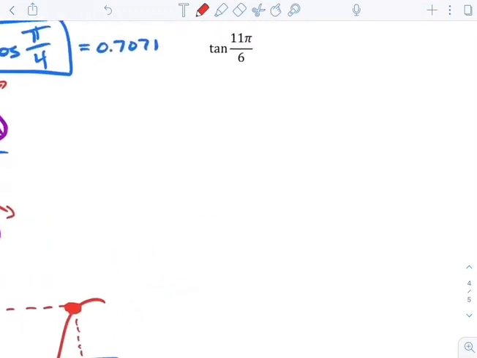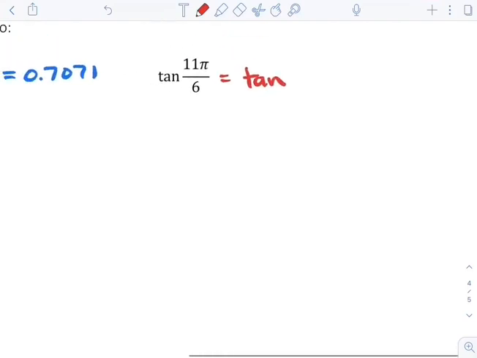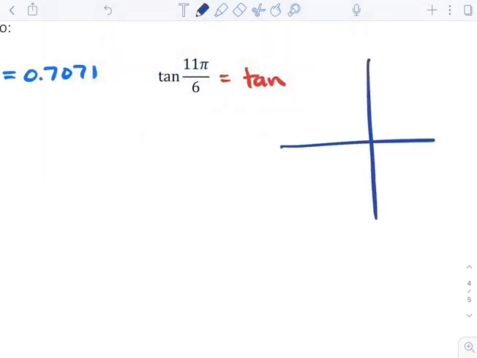Let's use the same idea for this second one over here for tan. I want to find an equivalent expression for this. It's going to be tan of something. So let's find out where 11 pi over 6 is. On our grid, 11 pi over 6 is in the 4th quadrant, down here. It has a related acute angle of pi over 6.